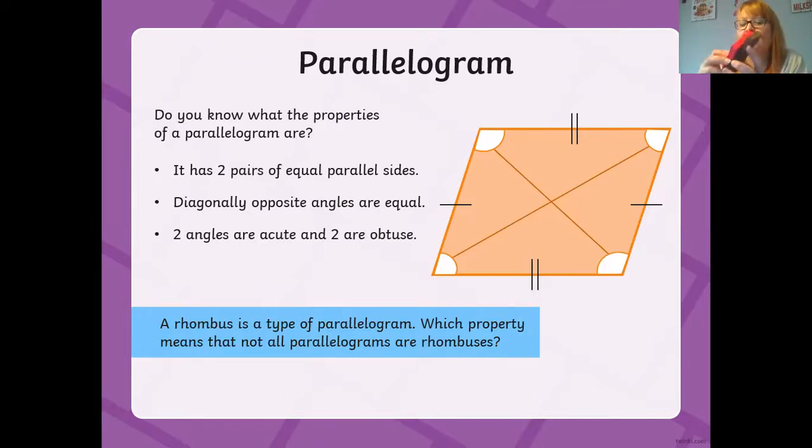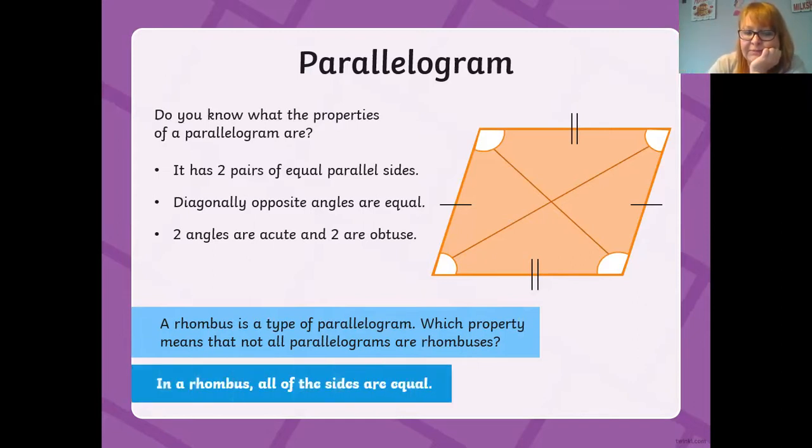There's something about the rhombus that is not the same as the parallelogram. I know it's only a tiny video in the corner, but can you see? What do you think the property is that distinguishes them? That's right. The rhombus has got all equal sides, whereas the parallelogram hasn't. If it had the same sides, it would then be a rhombus, not a parallelogram.